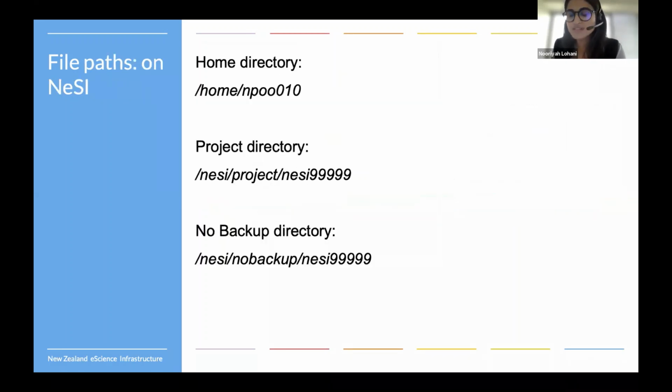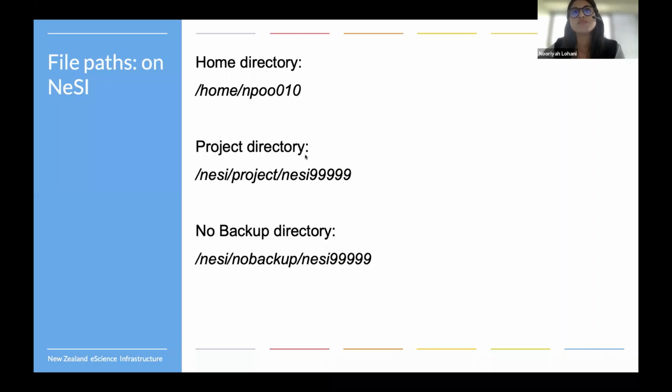What does your file system actually look like on NeSI? The three main file paths that will be quite important for you to remember once you get on to the NeSI computers are, first, your home directory, which is basically the root, then going into a directory called home, and then your particular user assigned to you when you get an account.